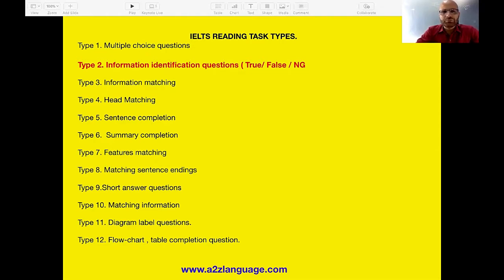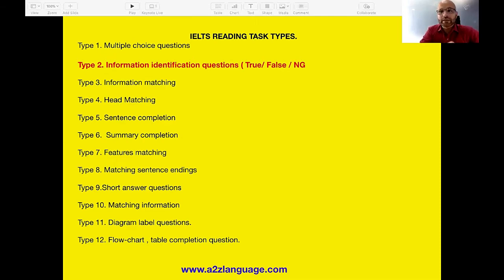Just to name a few, type 1 is multiple choice question, true, false, not given, information matching, heading matching, sentence completion, summary completion, feature matching, matching sentence endings, and so on. So all these different types of questions exist in the IELTS. Now we're going to talk today about the one which is highlighted. It's called true, false, not given in our session today.